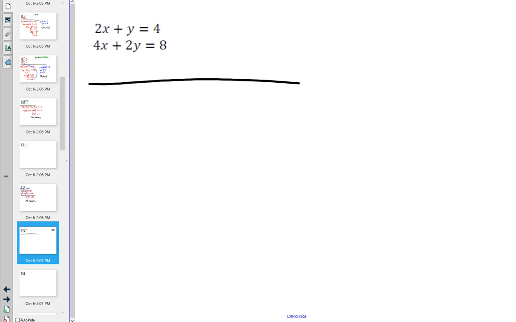Thea, which variable did you, I'm assuming we want elimination here. What variable did you choose to eliminate? Okay, so if you get rid of the x, then we're going to go times -2 on the top, so that now the x's will match, and I'll have different signs.